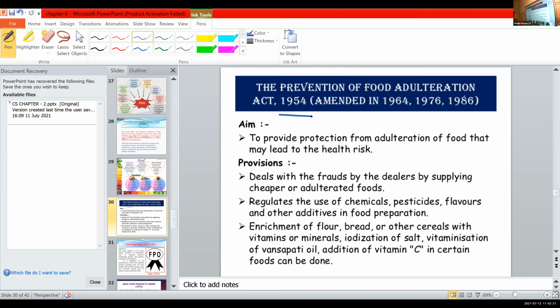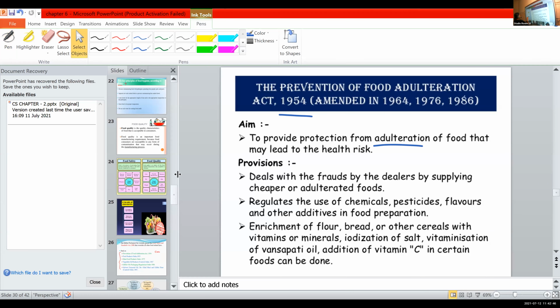So the only thing you have to learn is what is the reason for this PFA? What is the reason? It's already in that name. To prevent food adulteration. That is the reason why we are following the PFA Act, to prevent adulteration, to avoid cheap things, or to ensure the quality of food. We discussed adulteration, right?